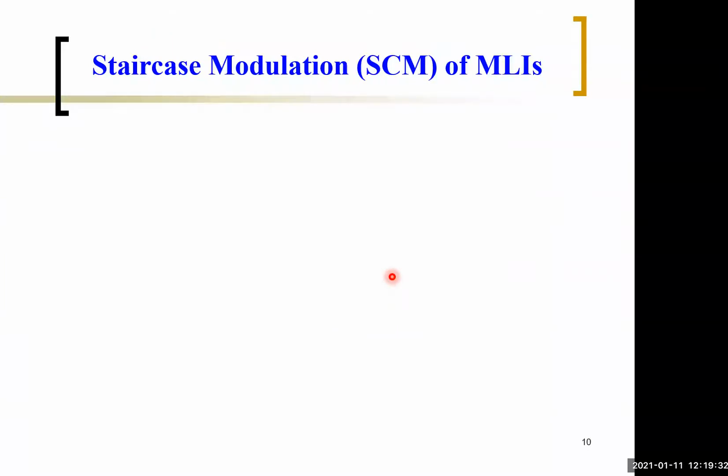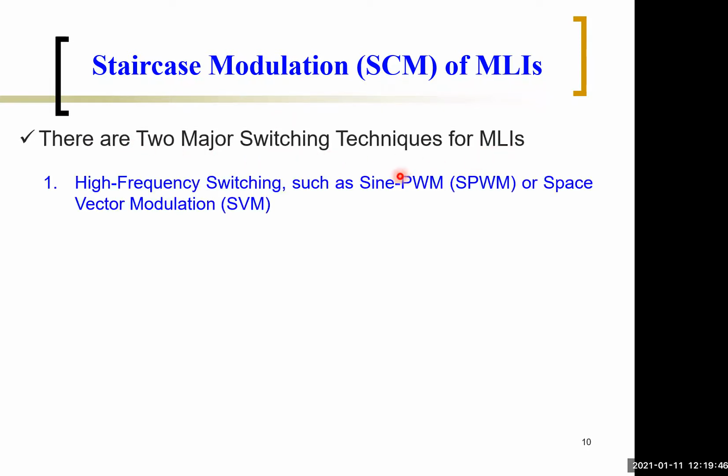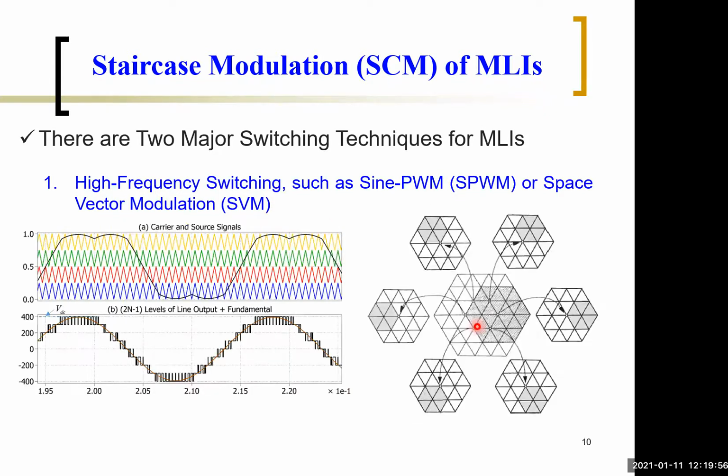Okay, so let's talk about the second important issue, which is staircase modulation of multi-level inverters, or SCM for short. Basically, there are 2 major switching techniques for multi-level inverters. One is more familiar. This is the high-frequency switching, such as sine PWM or SPWM, and its alternative, space vector modulation, SVM. So this is the concept behind SVM. I'm not going to get into it.